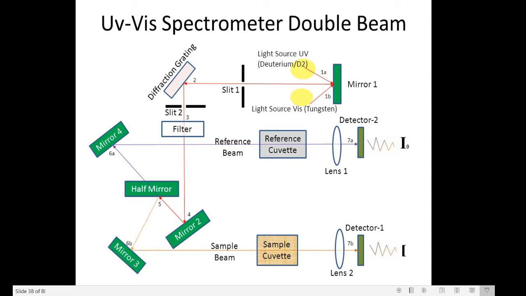Another one is above 400, 400 to 700, where 700 is the maximum. 400 to 700 nanometers is absorbed by the tungsten lamp. This tungsten lamp helps to recognize visible range molecules.